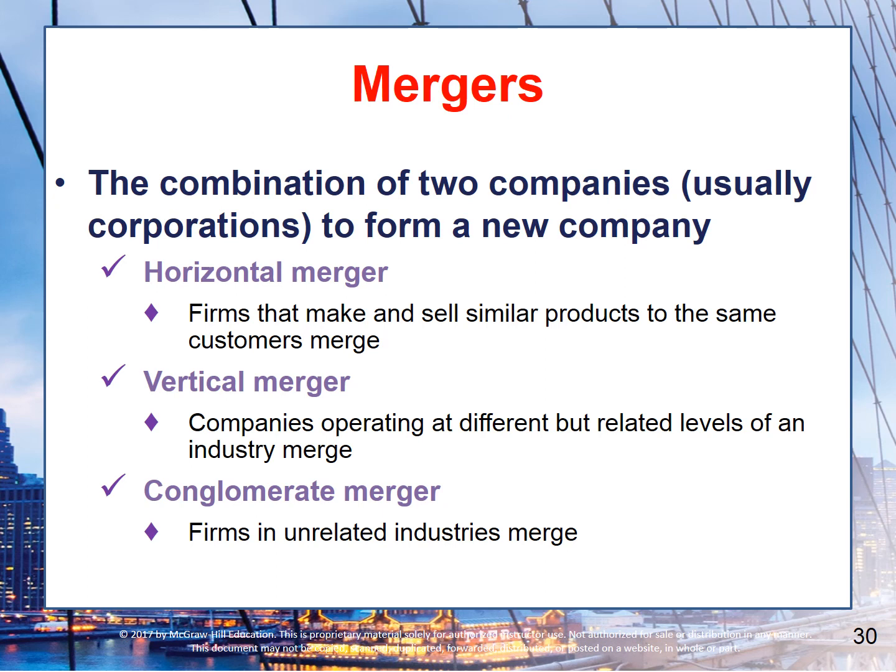You also have a vertical merger, where companies operate at different levels but are related in the levels of an industry and merge. And then the last one is a conglomerate merger, and it's just when firms in unrelated industries merge.